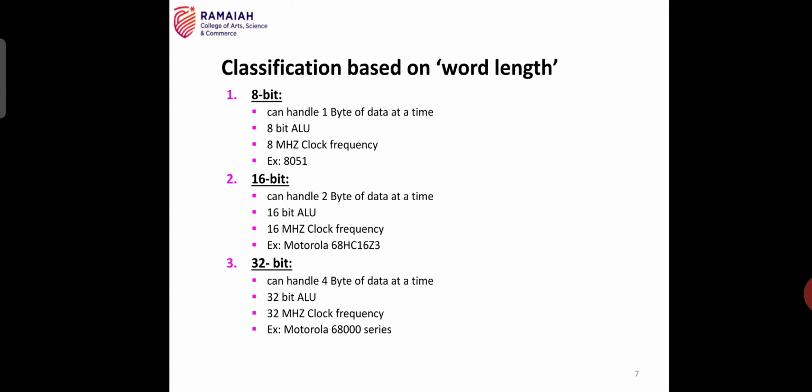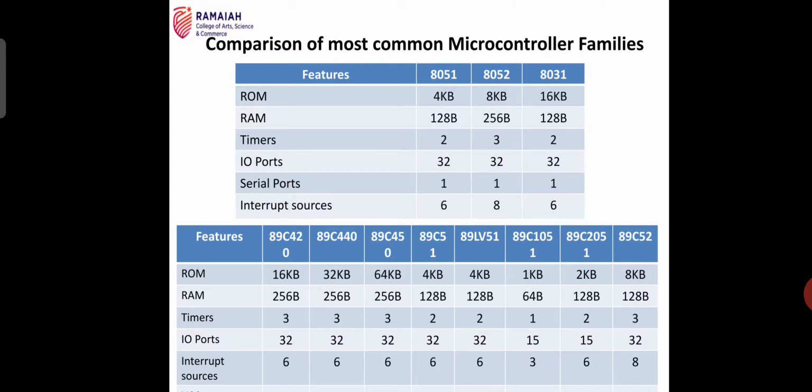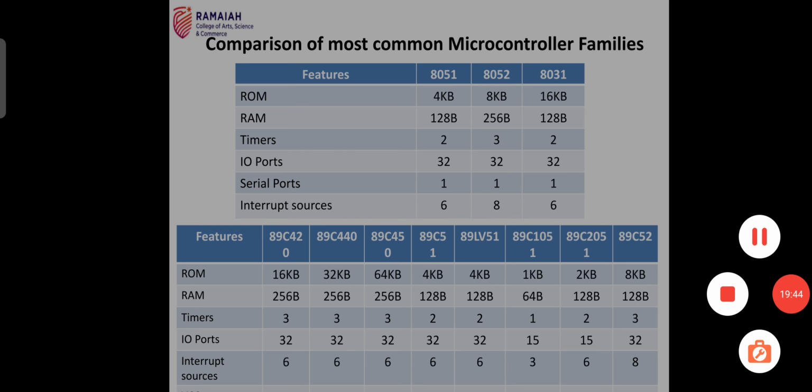And the limited classification with word length of 8-bit, 16-bit, and 32-bit were discussed. And comparisons of the most common microcontroller families of Intel and Atmel were discussed. So in the next lecture we are going to discuss the 8051 microcontroller.